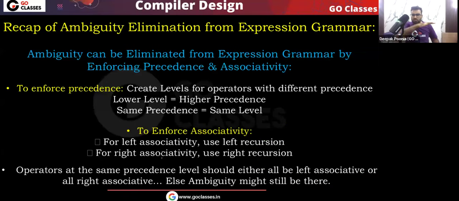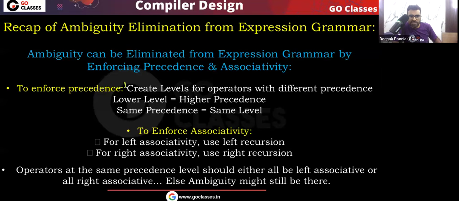On the same level, if you have multiple operators, they will have the same precedence. But if you want to eliminate the ambiguity, then on the same precedence level, all of the operators must be left associative or all of them must be right associative. If on a particular precedence level some operator is left associative and some is right associative, then ambiguity might still be there.